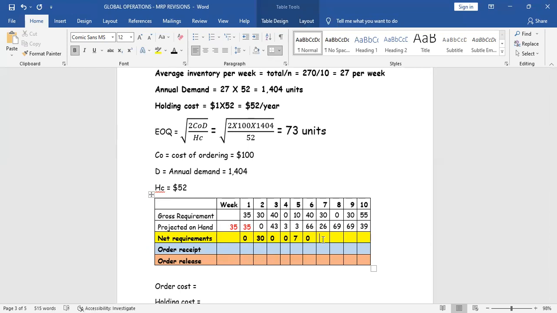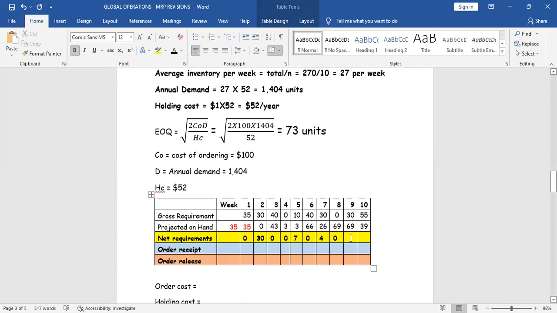Then in week 7, 30, and then the projected on hand is 26. Yes, we require something here. The gross requirement is 30. We are projected to have on hand 26. So there will be a net requirement of 4. In week 8, the gross requirement is 0, and we have 69. We shouldn't order.